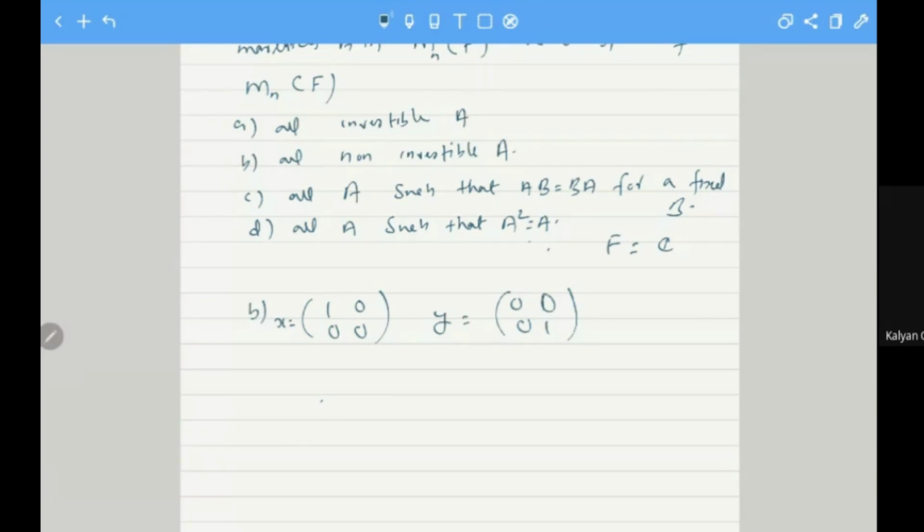X is not invertible clearly because 0 is an eigenvalue. Y is also not invertible, again Y has 0 as an eigenvalue. Then what is X plus Y? It's nothing but the identity matrix. But this is invertible, right? It is invertible and it is itself its inverse.